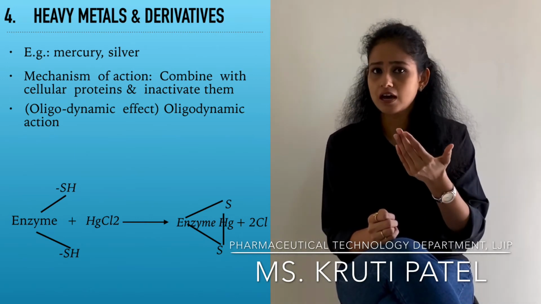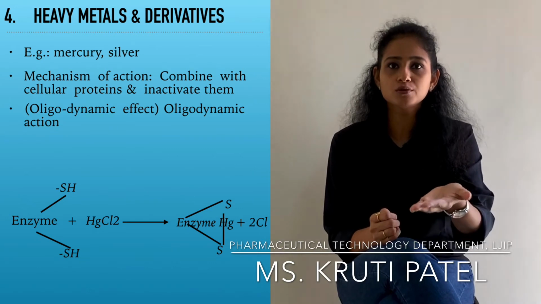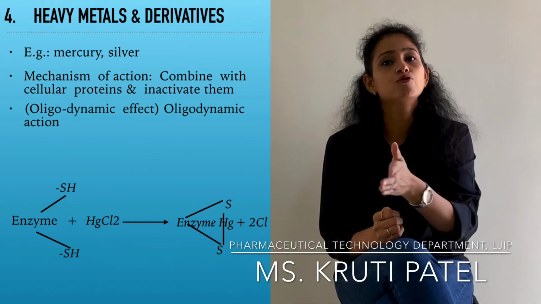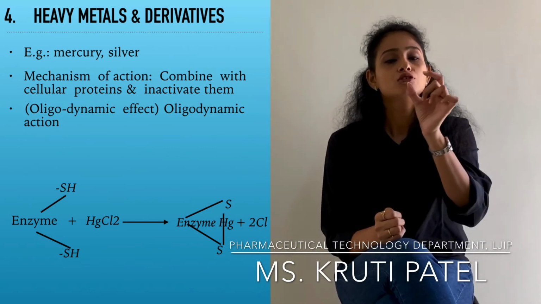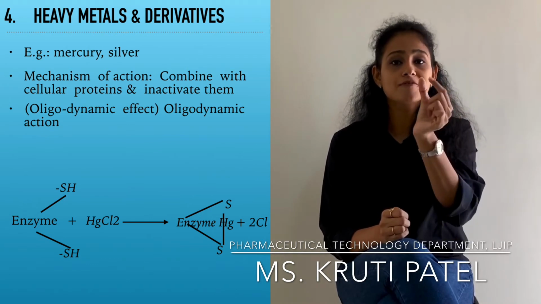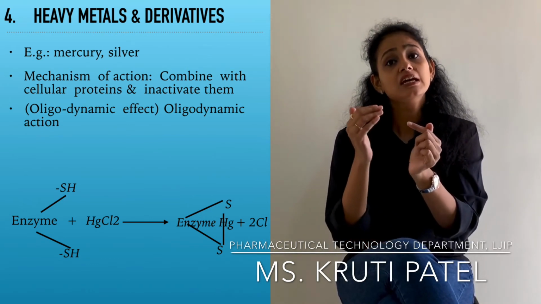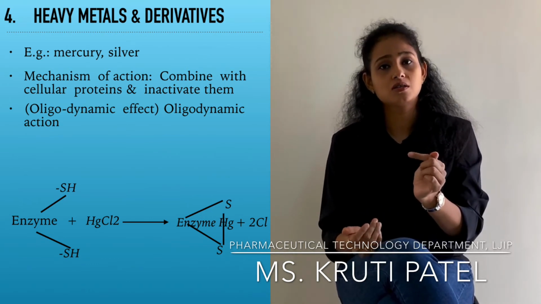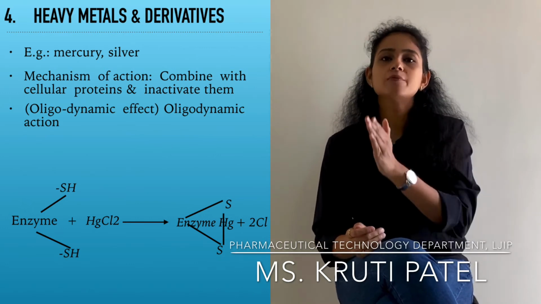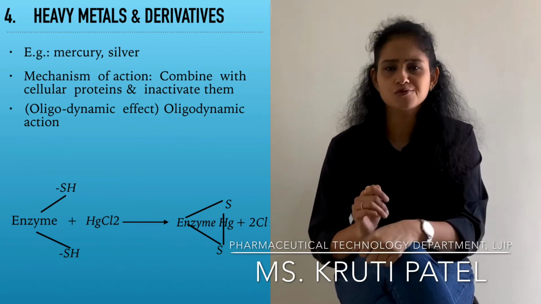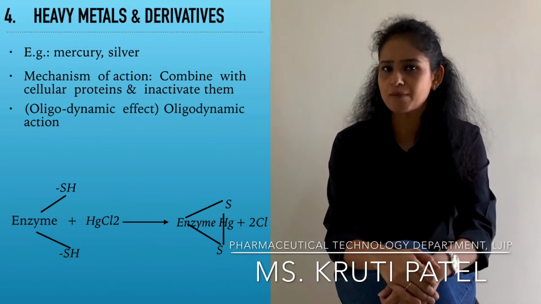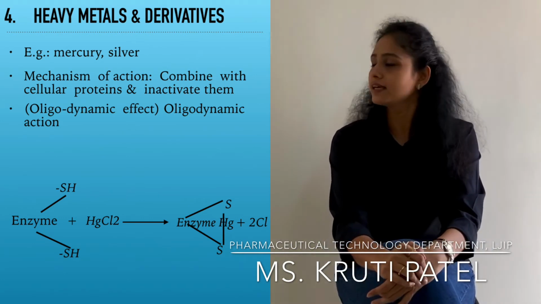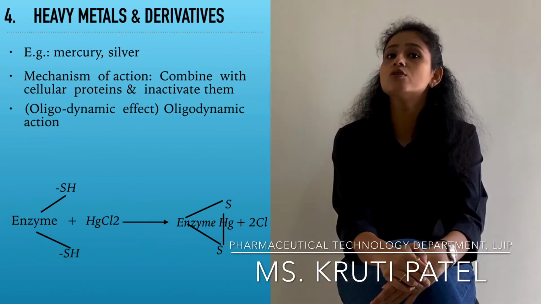Dynamic, as I have already told you, means driving force to kill microorganisms. So a small amount of heavy metal which can kill a microorganism is known as the oligodynamic effect. This is very important, you have to remember. This is important from an exam point of view. So yes, they kill microorganisms by the oligodynamic effect.